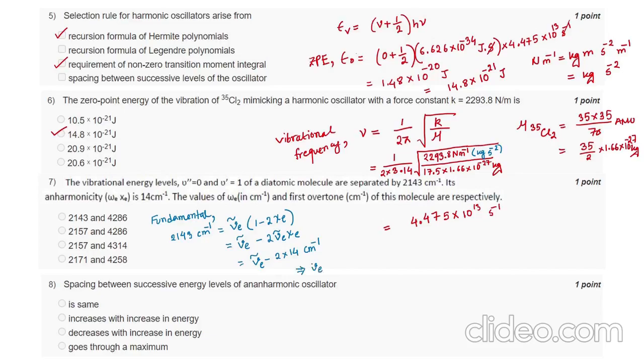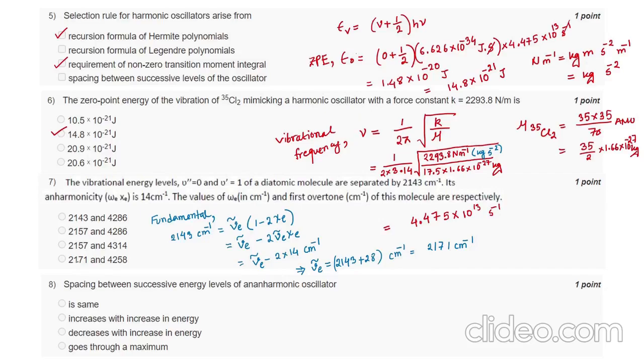So from here you can calculate what is going to be your ωe: 2143 plus 28 centimeter inverse. So this is going to give you 2171 centimeter inverse. So only this option is correct, what I can see, 2171, right?